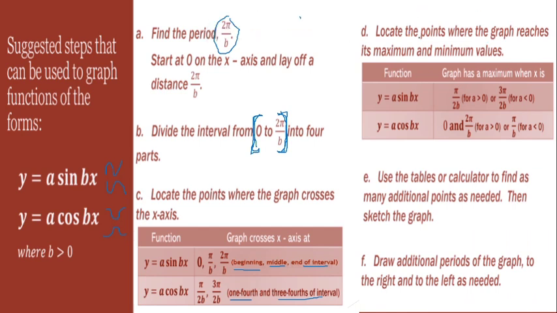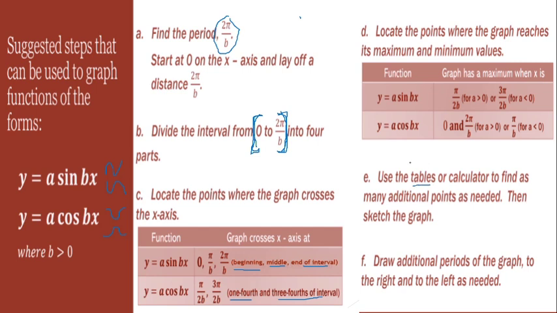Letter D: locate the points where the graph reaches its maximum and minimum values. For sine, use this when A is positive, or A is greater than 0, and this when A is negative, or less than 0. For cosine, use this when A is positive, and this when negative.